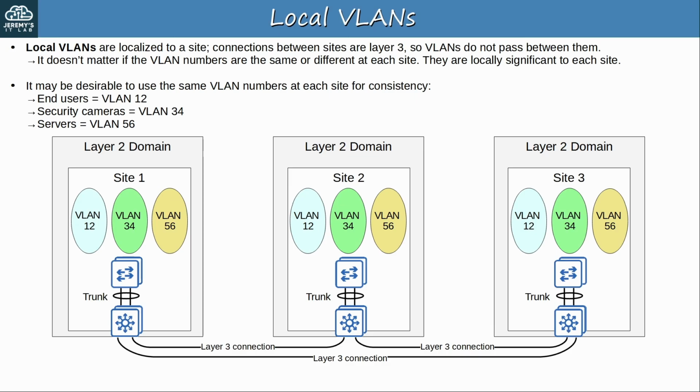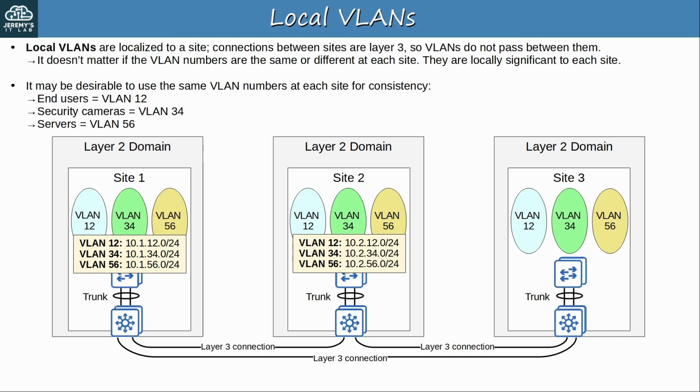In any case, each VLAN should be its own subnet. For example, Site 1 could use 10.1.12.0, 34.0, and 56.0/24. And Site 2, 10.2.12.0, 34.0, and 56.0/24. And Site 3, 10.3.12.0, 34.0, and 56.0/24.